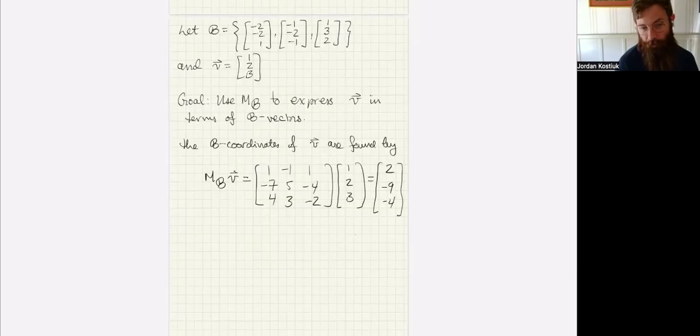We could stop here if all we cared about were the coordinates, but just to really illustrate the utility of the concept, the way to interpret this is that 2, minus 9, minus 4 are the coordinates of vector v with respect to the new basis.